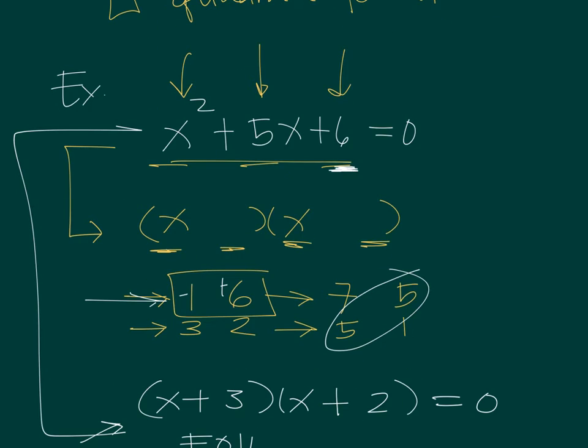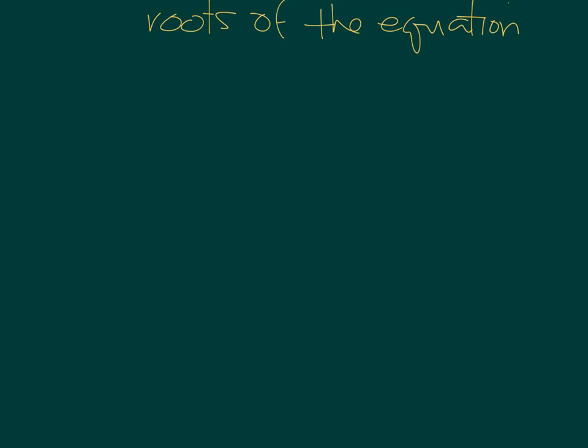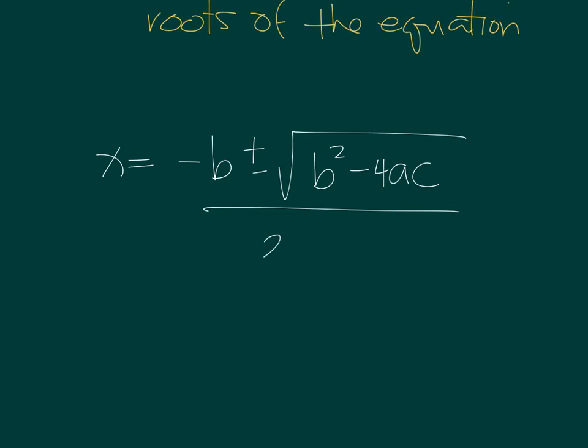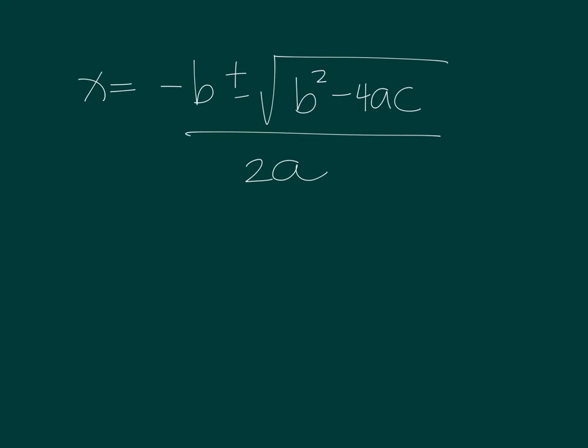For the quadratic formula, it gives you the value of x, and it's given by negative b plus or minus the square root of b squared minus 4ac, everything divided by 2a. Where are these a, b, and c coming from?